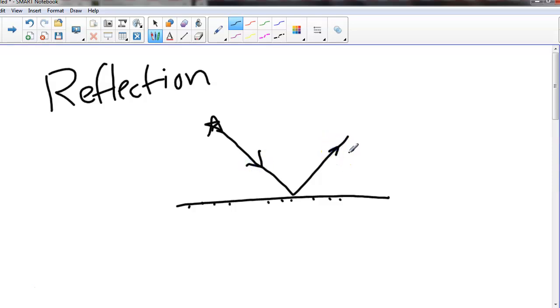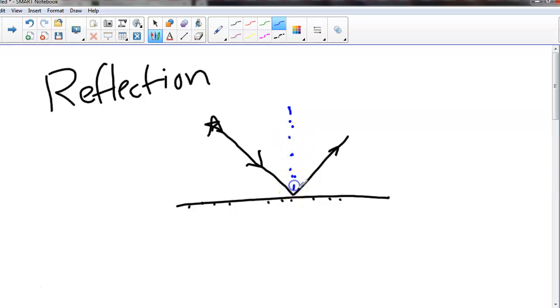Of course, we think of light as waves, and of course we think of multiple rays, but just for simplicity we have a single ray of light, and we want to look at what happens as it bounces off of this mirror. So first of all, we have to always think about everything in terms of a normal.